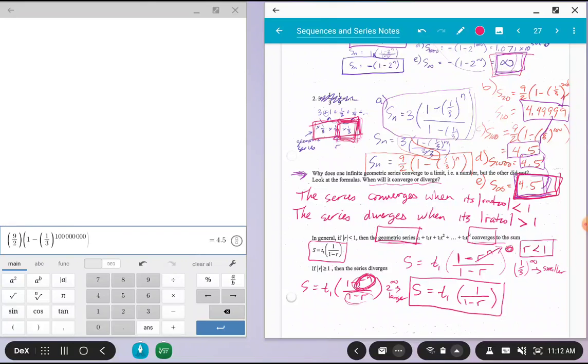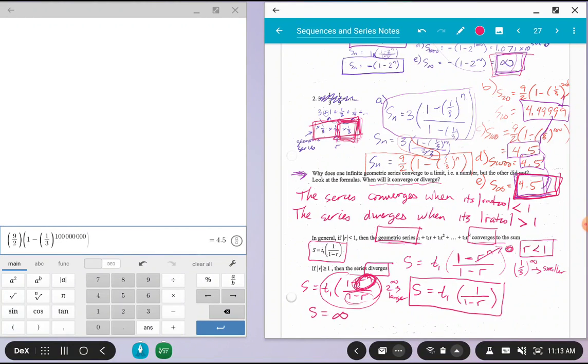So because this number gets bigger and bigger, this entire thing is going to infinity, and therefore it diverges. Okay, so if you see that the ratio is greater than 1, there's not really a formula per se. You just use the same formula, but you just know that it's divergent. It just goes to infinity. So there's really not much to it. You don't have to write a formula because every formula will give you infinity anyway.